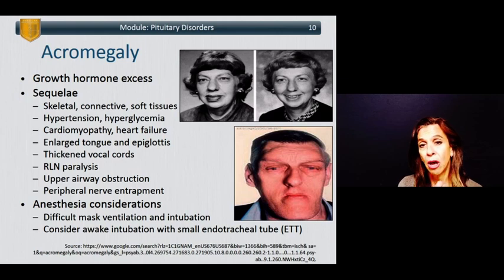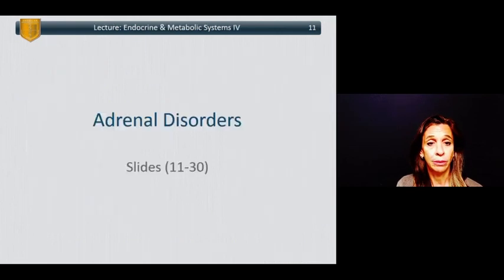In fact, these patients often present with symptoms compatible with ulnar nerve dysfunction or carpal tunnel syndrome. The anesthesia considerations are associated primarily with difficulty in airway management, and both mask ventilation as well as endotracheal intubation can be difficult. One should consider an awake intubation and using a smaller than average tube.